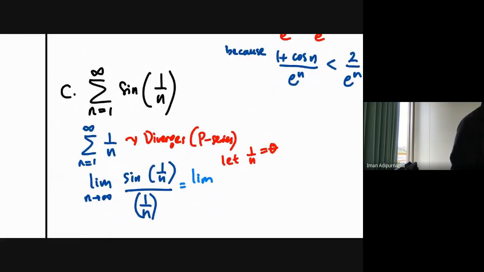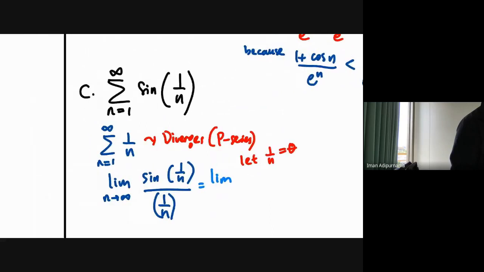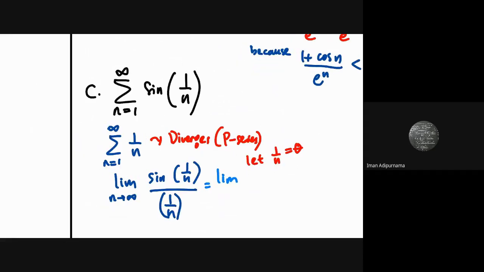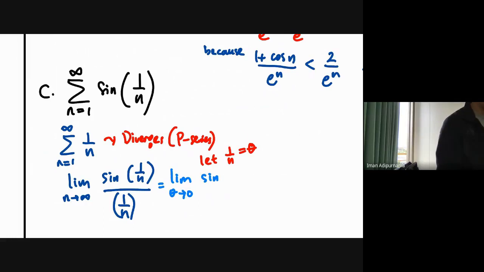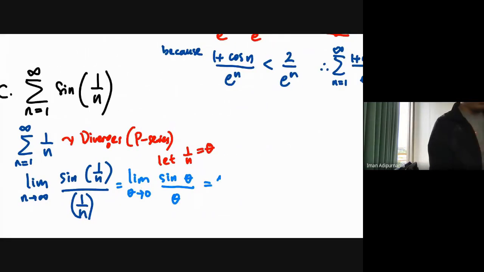So the limit as theta goes to 0 of sine theta over theta is equal to 1.